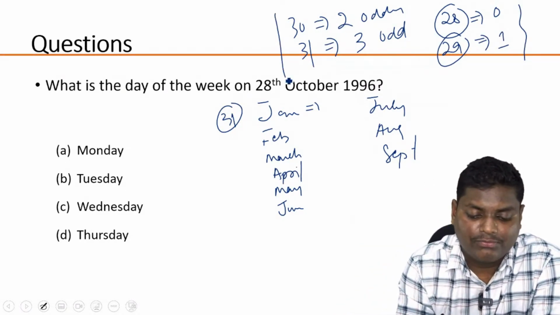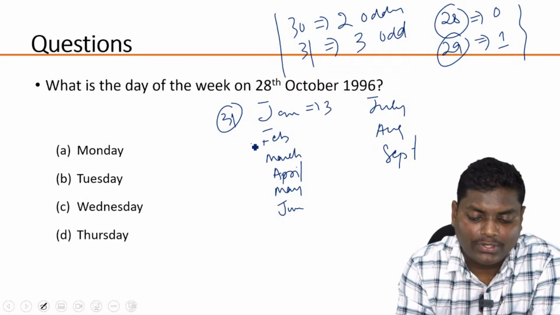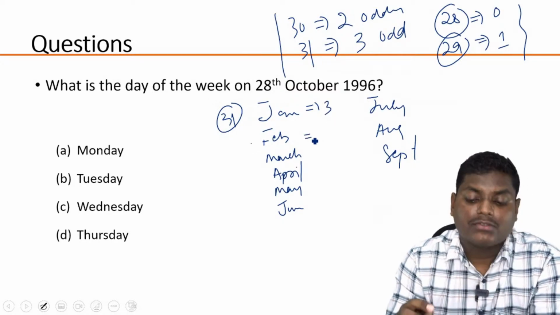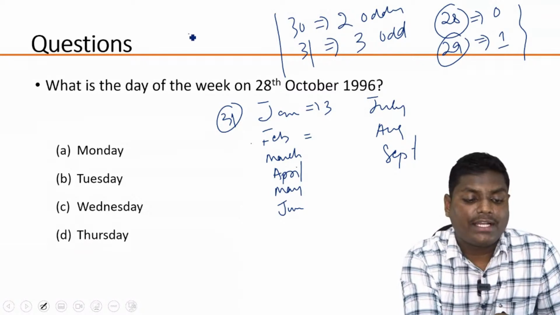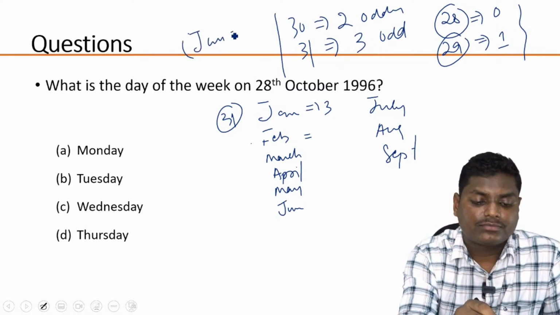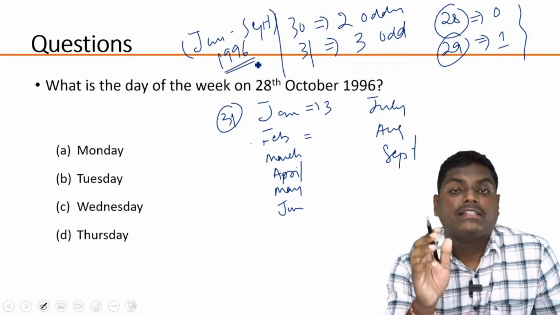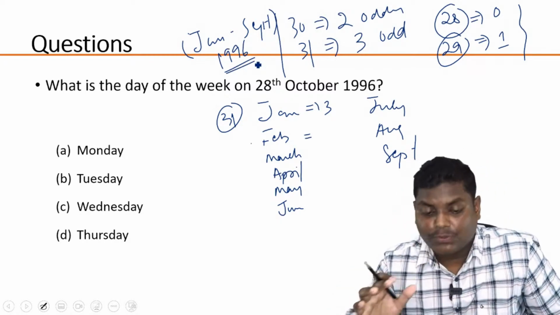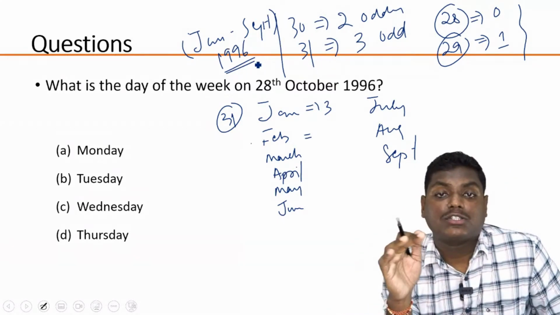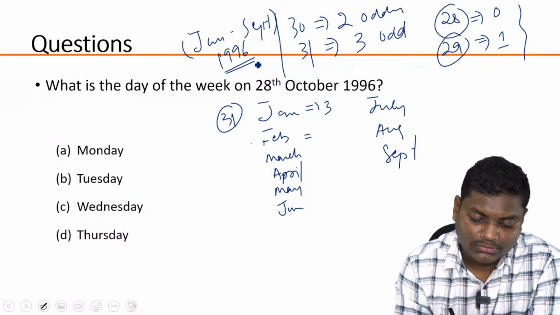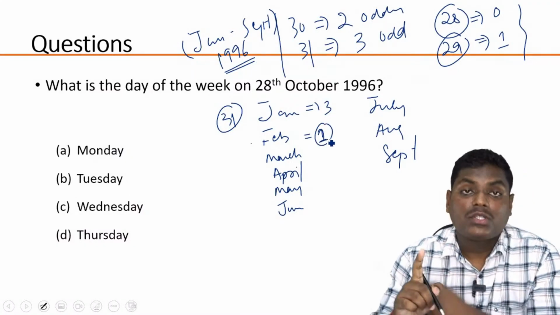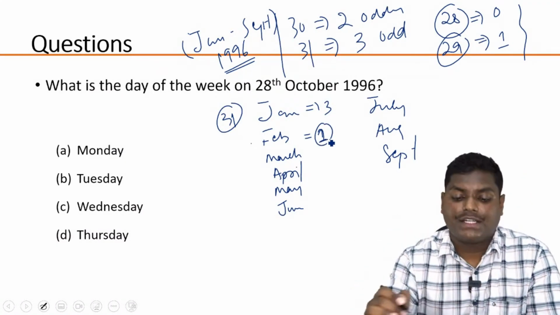So January is 31 days, so 3. February: you need to consider that this January to September we are considering is of 1996. This is important. So this is a leap year, and in a leap year we'll have 1 extra day for February because it is 29.